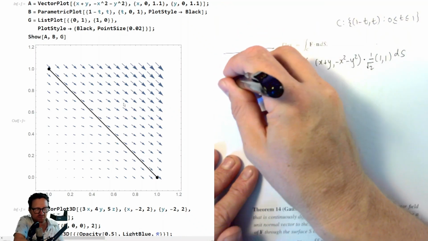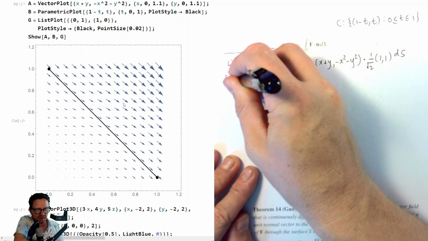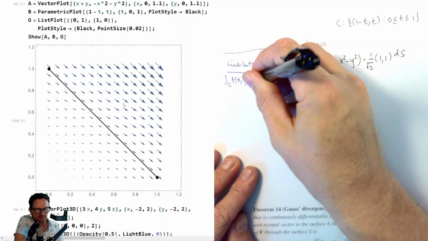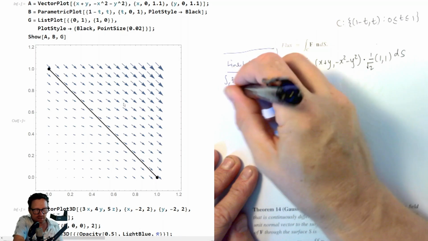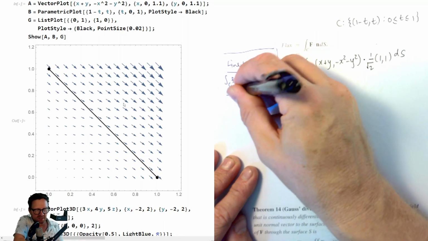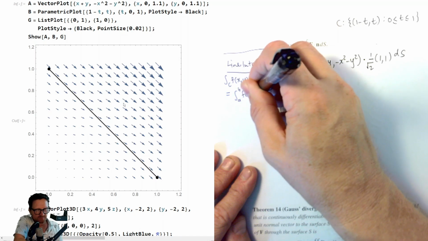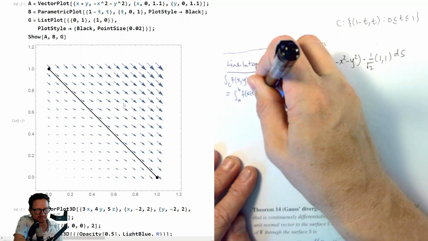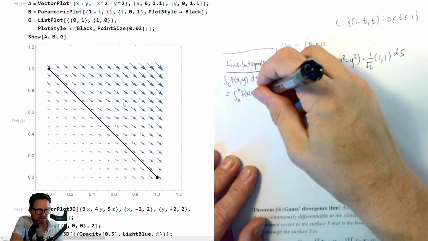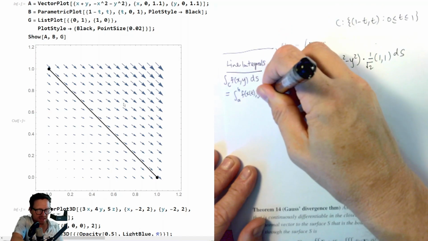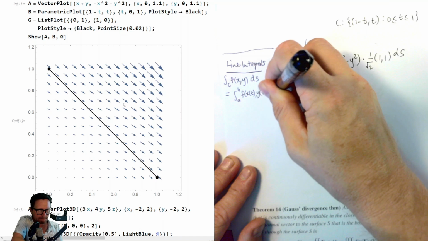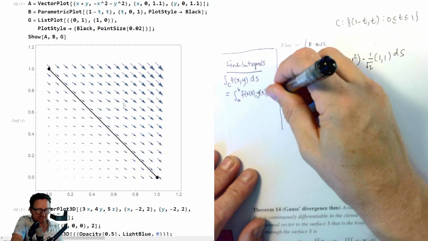Okay, so we have the integral over C, or the line integral of f of x, y ds, is an integral from a to b of f of x of t, y of t, times the norm of r dash of t, dt.